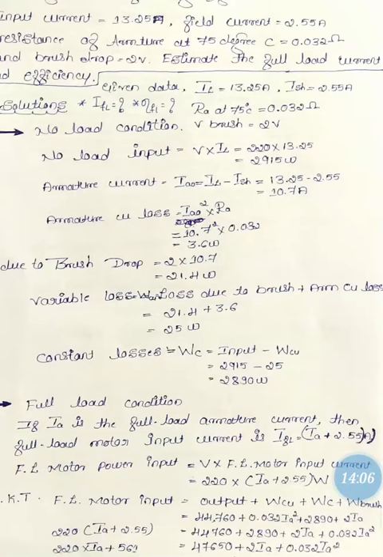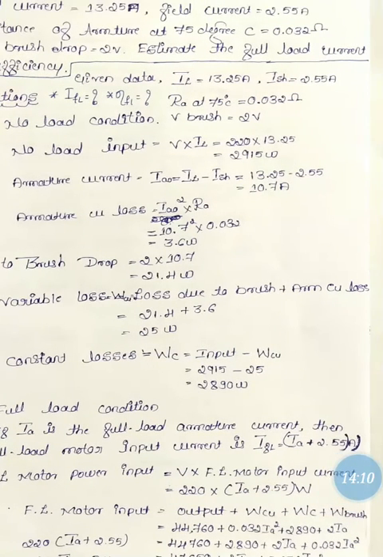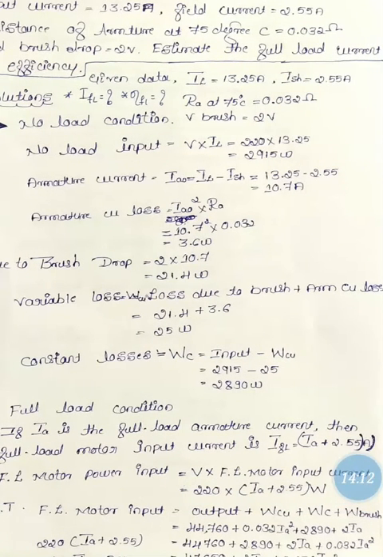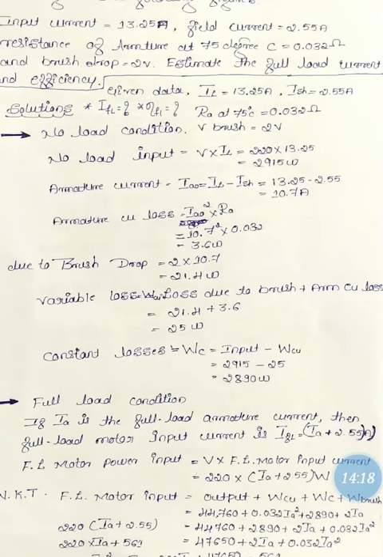Since the full load current is the sum of the full load armature current and shunt field winding current, and the shunt field winding current is 2.55 ampere, we'll get the full load current as Ia plus 2.55 ampere.